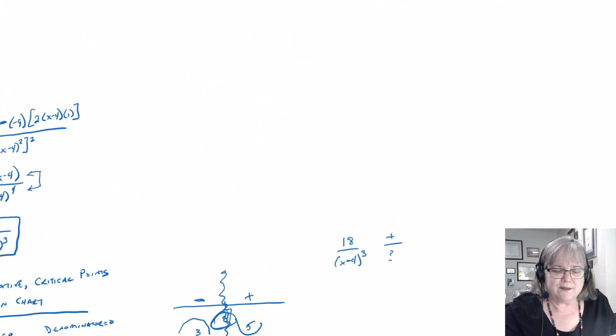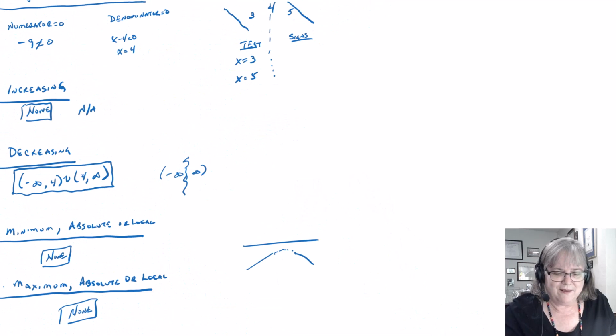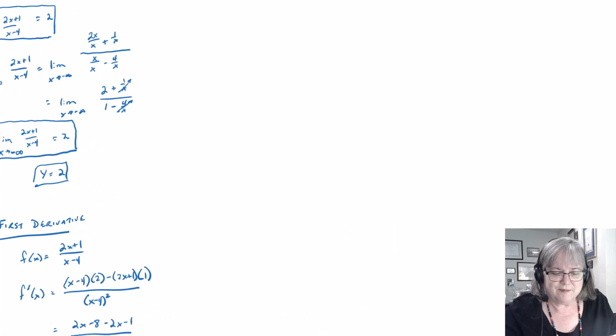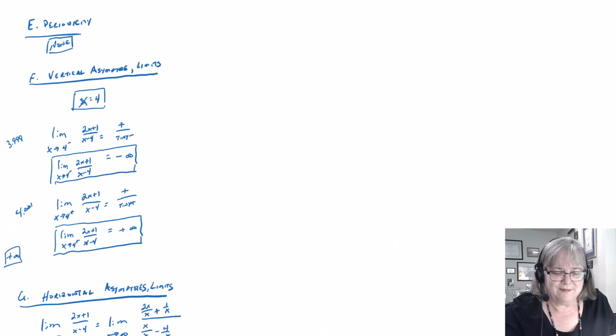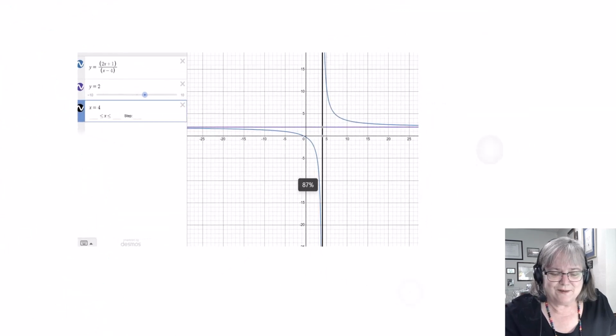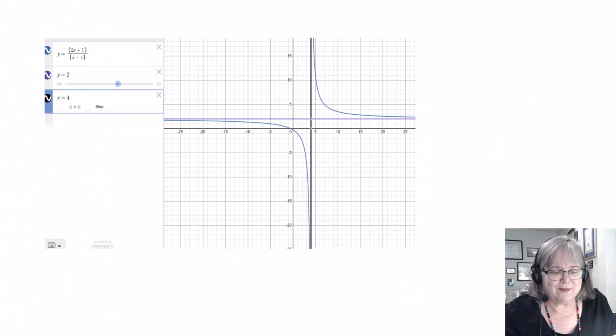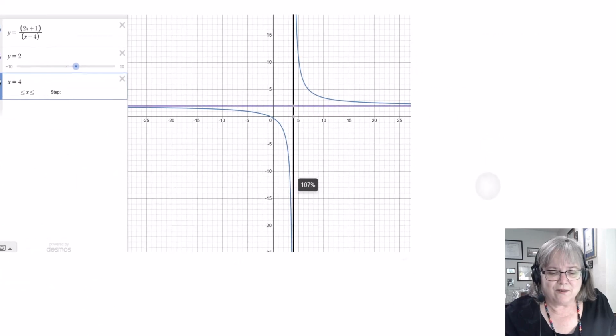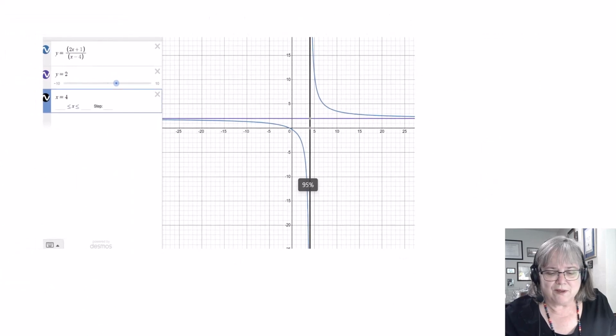And this is, if I can find it, way up here. That's how long this problem takes. All right. This is the actual function. I had it draw in the horizontal asymptotes and the vertical asymptote.